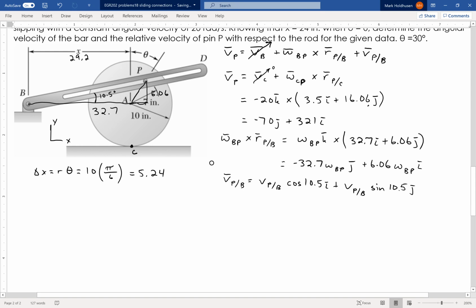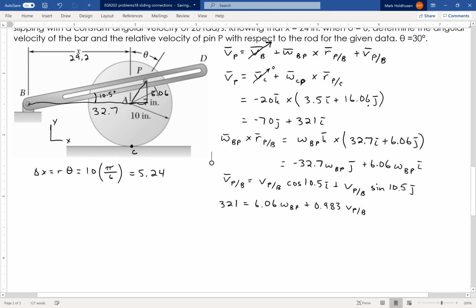Okay, so now I break it up into my x and y axes. So again, VP in the x-axis, 321, will be equal to a positive 6.06 omega BP, and then plus this guy, which is 0.983, the cosine of 10.5, times the velocity of P relative to B. So I do the same thing in the y direction.